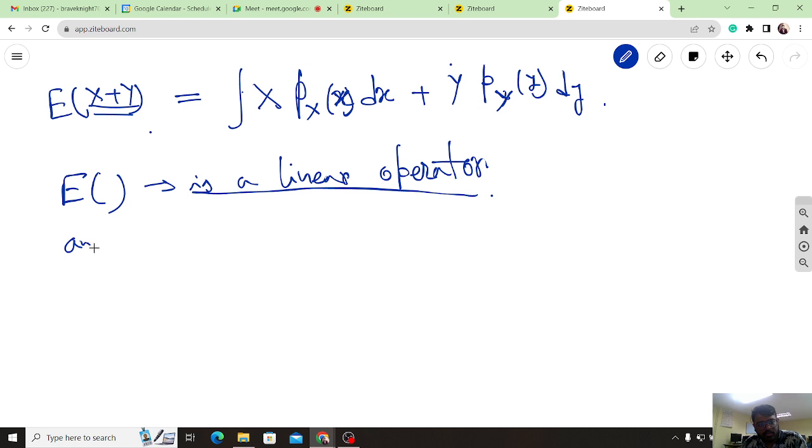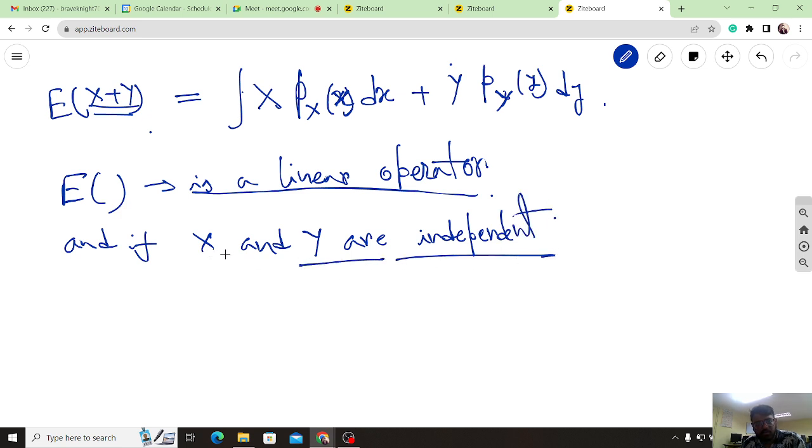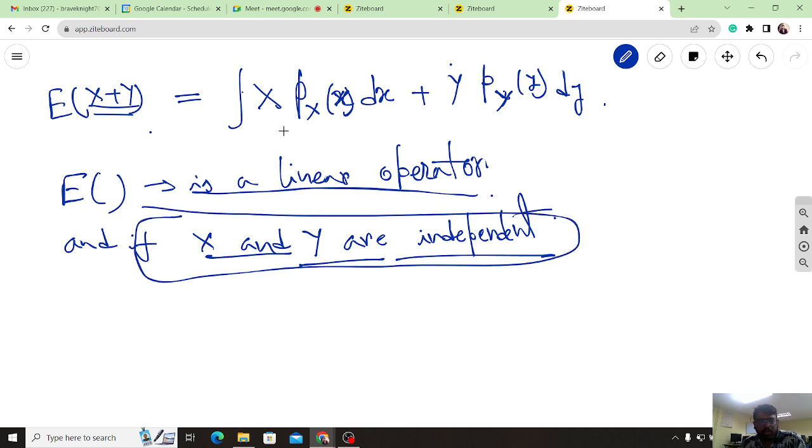and if x and y are independent, then I can just separate both of them.